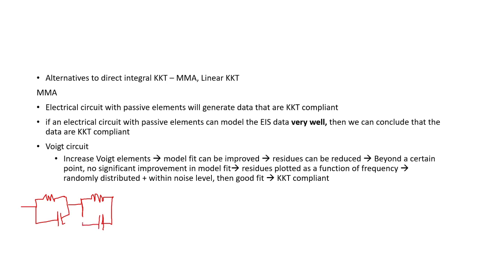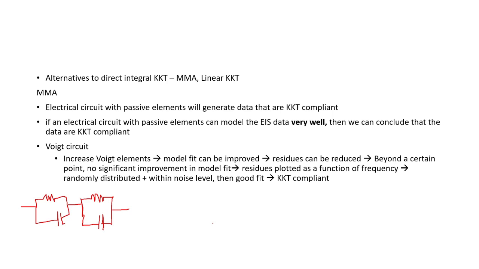Now, how do we decide the number of Voigt elements in a circuit to fit the data? We will be increasing the number of Voigt elements on the experimental data and check if the fitting is improving.